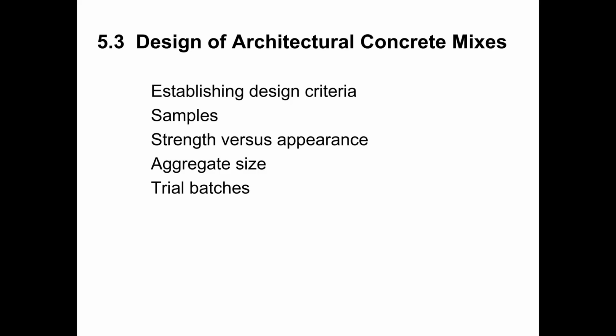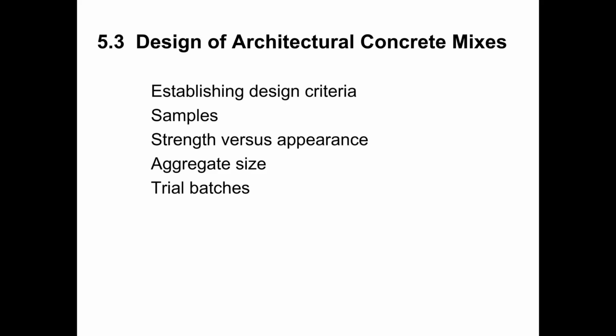But if we are going to be producing this mix for panels that has a retarded finish or a heavy sandblast finish or a very heavy acid etch finish where our coarse aggregate is going to be exposed and certainly our fine aggregate is going to be exposed, then the aggregate size is going to be more critical.